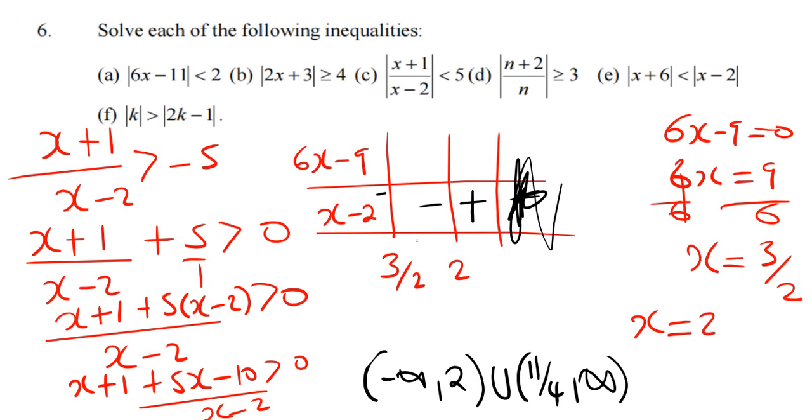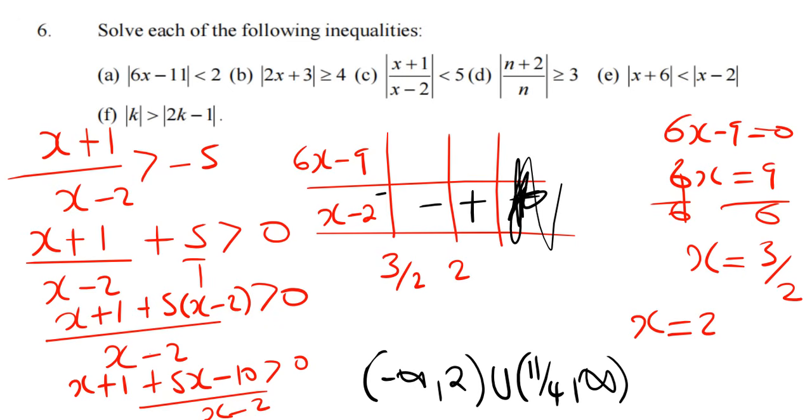We come to the 3 over 2. If you get any number that is greater than 3 over 2, and we put there greater than 3 over 2, 3 over 2 is like maybe 1.5.